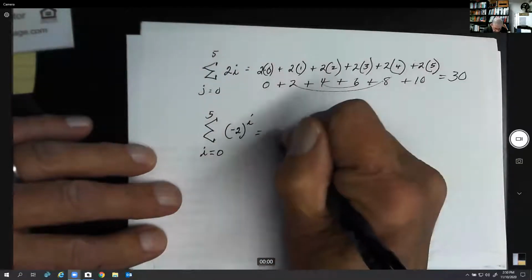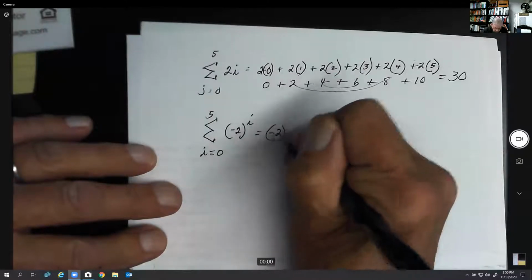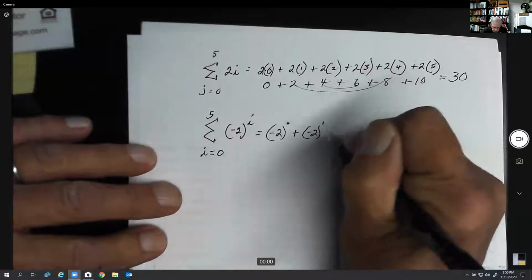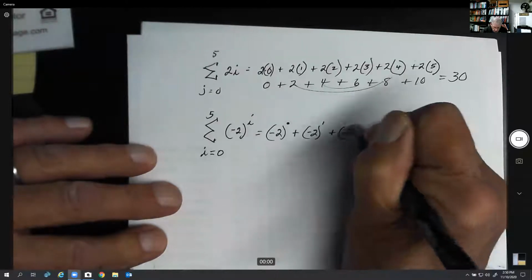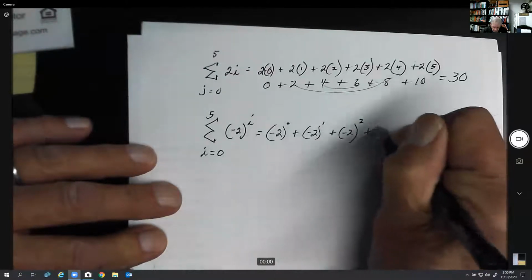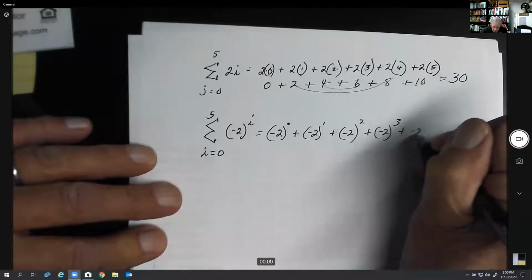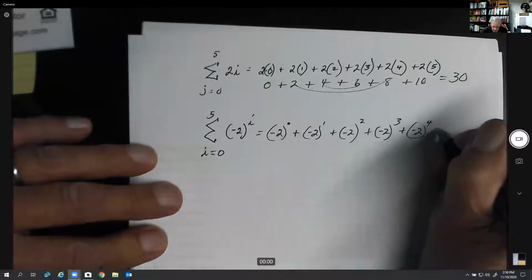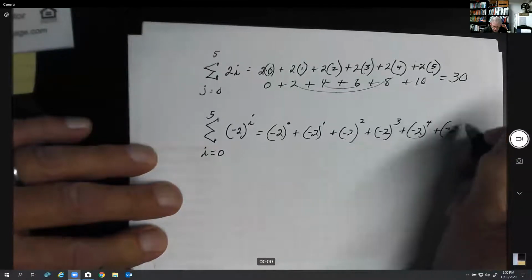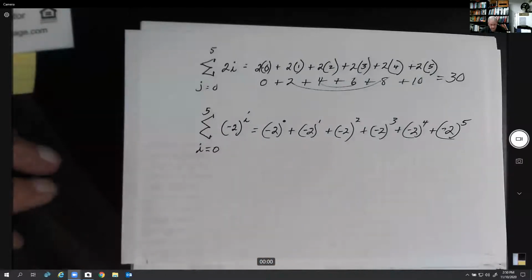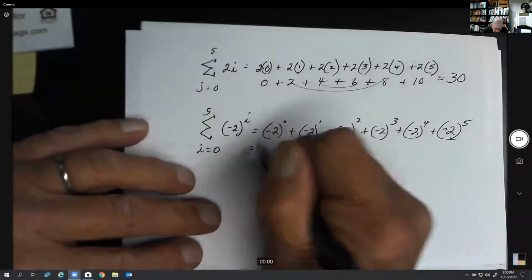So this is going to be (-2) to the 0 plus (-2) to the 1 plus (-2) to the 2 plus (-2) to the 3 plus (-2) to the 4 plus (-2) to the 5th. So you could say, if this went up to 25 or something, maybe there's a quicker way on a calculator.